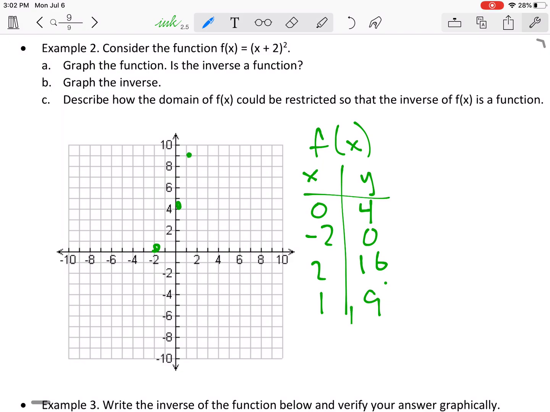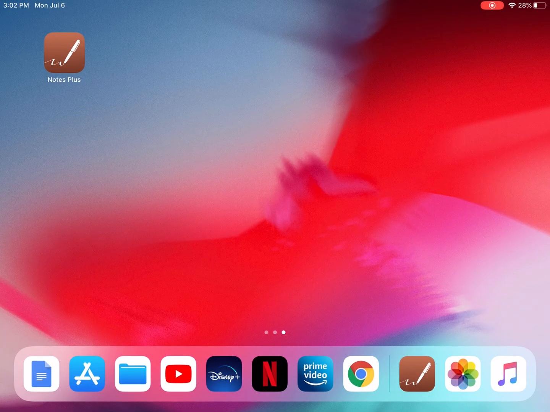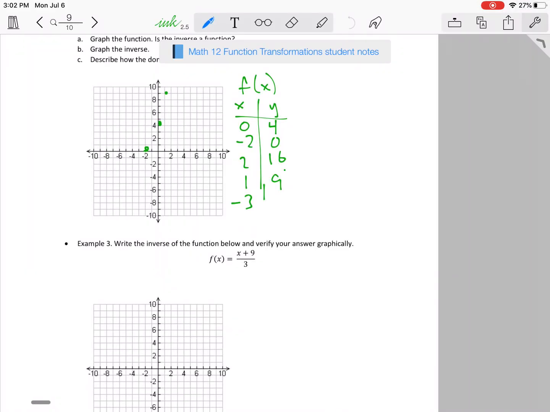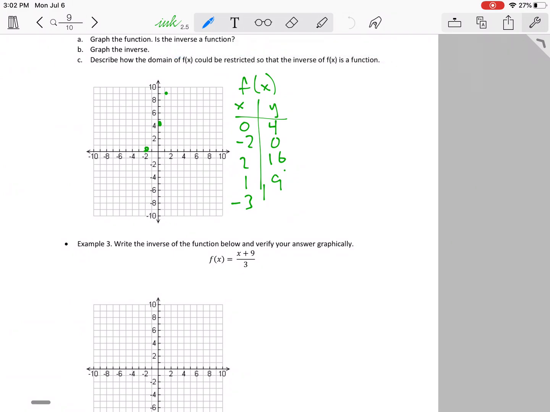Well, let's just do another one here just so I get a better image. Let's do negative 3. Negative 3 is going to be 1.